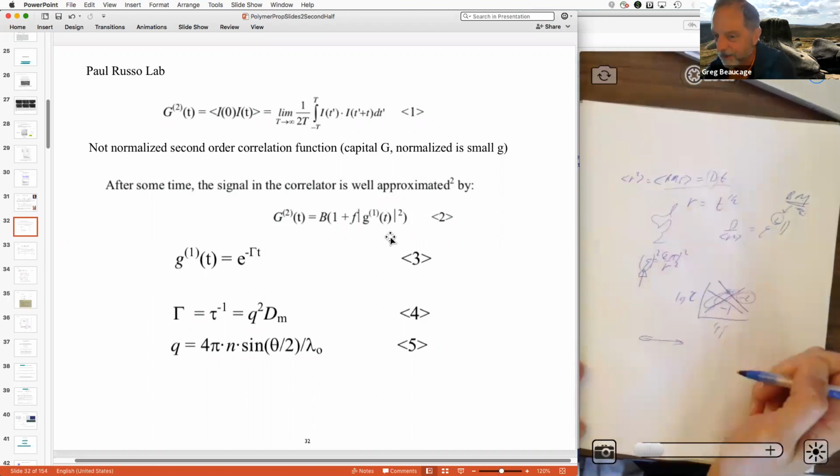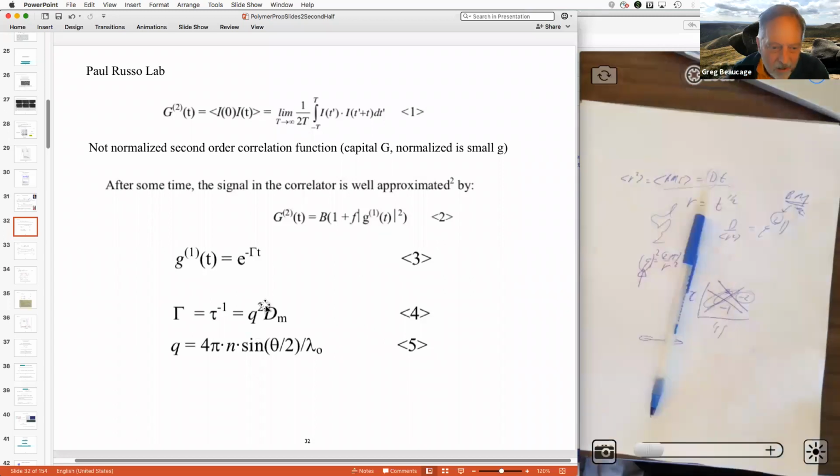So you can tell if it follows this power 2 dependence. You can measure tau directly. Capital gamma you get just from the measurement. Then you can plot gamma as a function of q and find out, is it Brownian motion or not? If it's 2, it's Brownian motion. If it's 1, it's ballistic. And if it's something else, it's something else. So you can talk about what kind of motion is going on in the system.